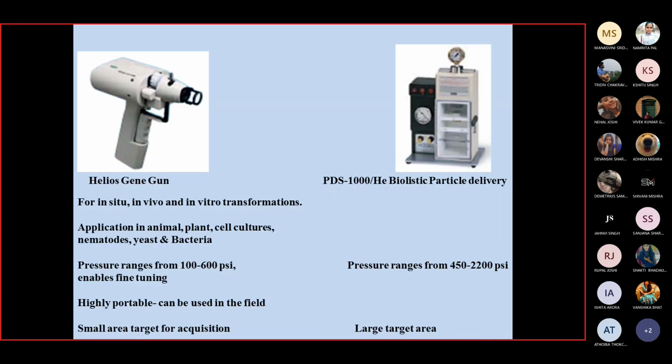You have two other methods. One is called the Helios gene gun, okay, and the other is called biolistic particle delivery. Both of these are undergoing trials. Helios gene gun has been used successfully for gene delivery to animals, plants, cell culture, nematodes, yeast, bacteria, all these different things.